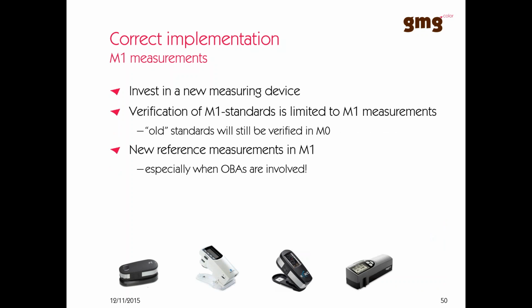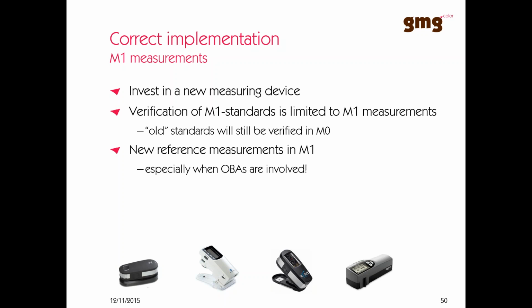Sooner or later, you should invest in a new measuring device capable of measuring M1. For now, at this point, you need an M1 measurement device when you want to verify your proofs.